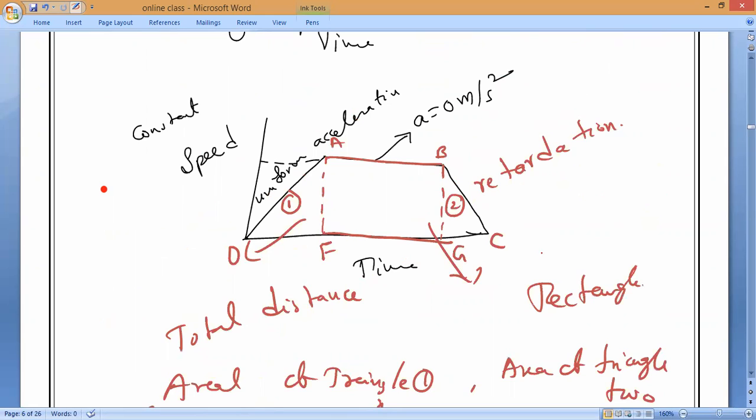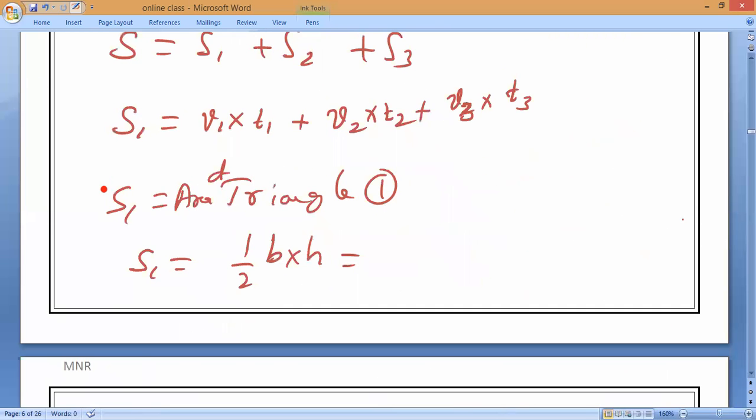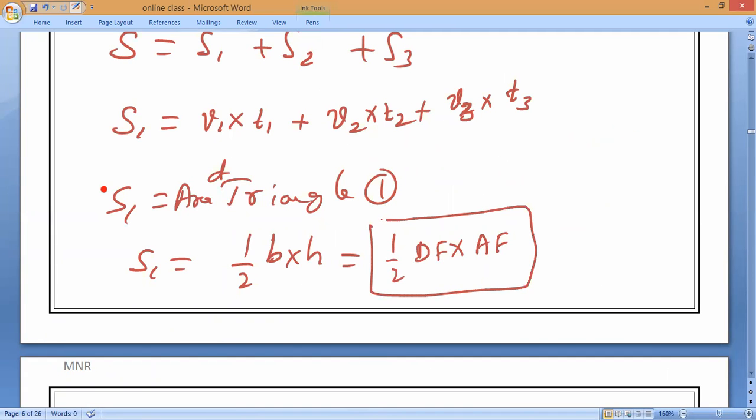The base is DF. So 1 by 2 DF into height, which is AF. This is the first one, the area of the first triangle.